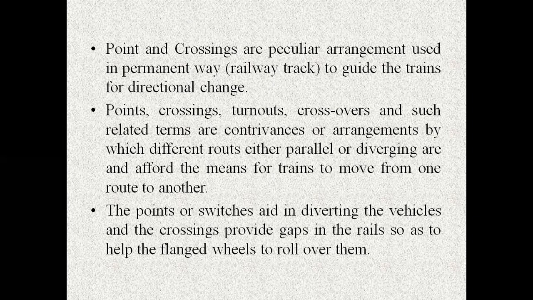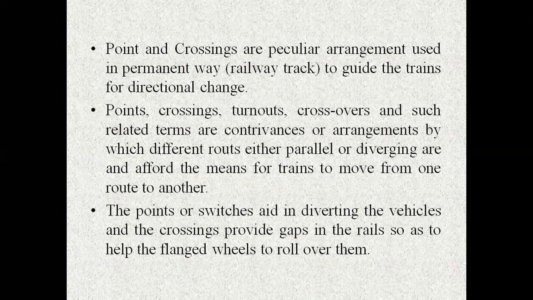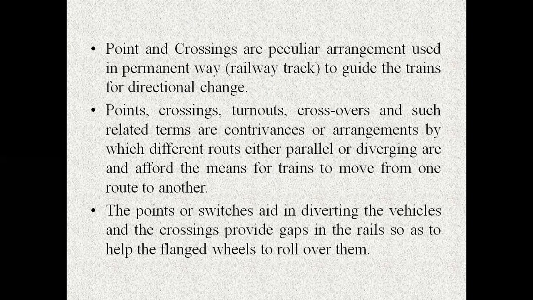Nowadays, these switches are maintained in the control room itself. If a train has to switch the track, or cross, or turn out, or if any crossovers should be placed on the ongoing rail for the locomotive, they simply switch the track from one direction to another direction.